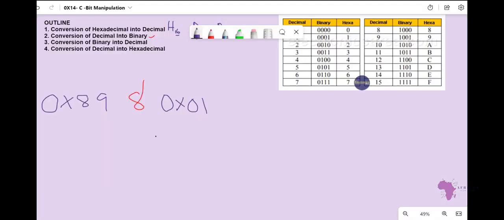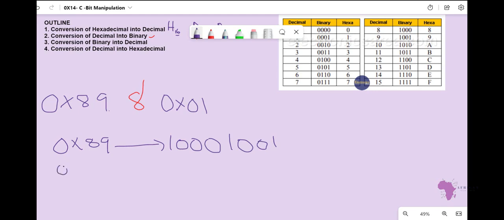So let's get into it now. First of all, we need to find the binary of this one, which you will calculate on your own as I've shown you. So 0x89 will give us its binary value, which is 1000 1001, like that.